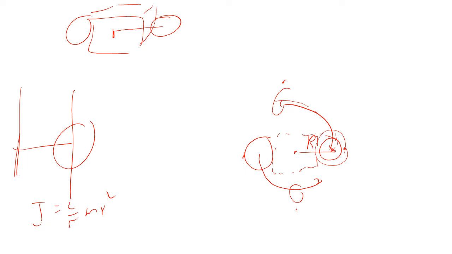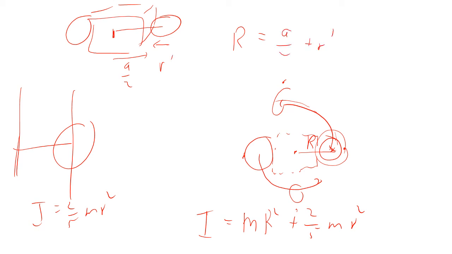So that means the I total is going to be equal to the mass of the sphere times R squared plus 2/5 m r squared. Okay, so all we have to do is figure out what is big R. Well, big R is going to be that distance, so it's going to be a over 2 plus r1.